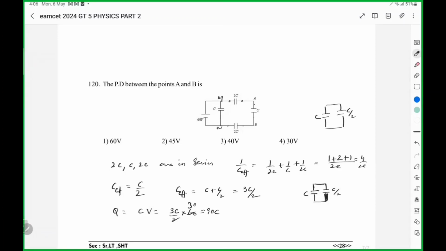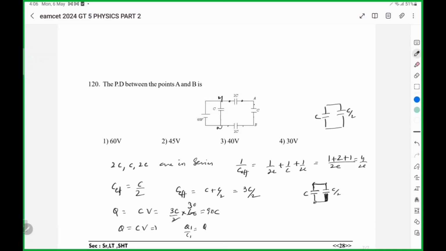They are in parallel, so the potential difference across this and across this are the same. So Q is equal to CV.